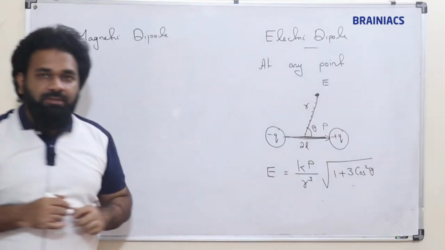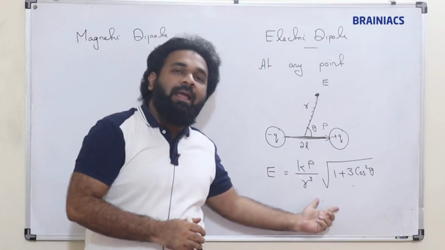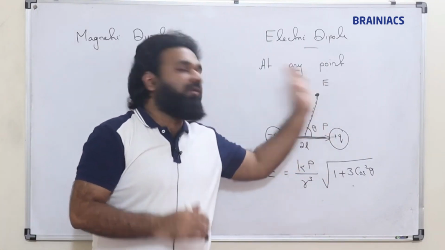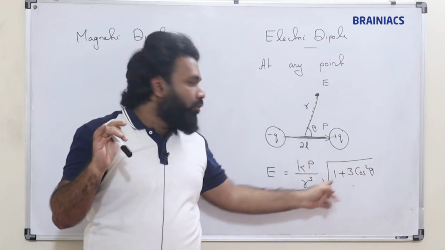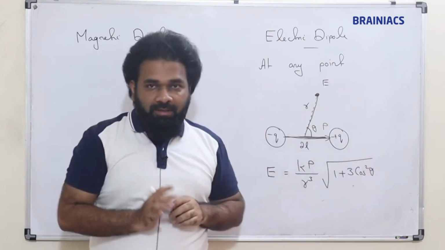This was the derivation we have done for finding the electric field at some point at a distance r: Kp by R cube root of 1 plus 3 cos square theta.